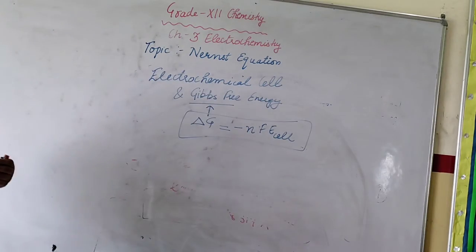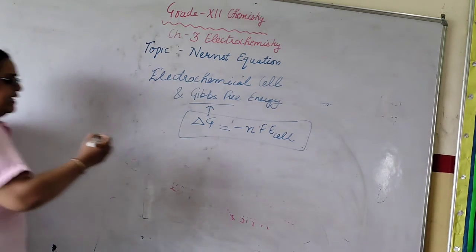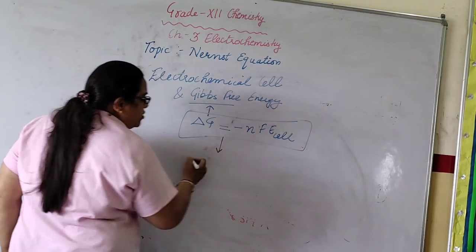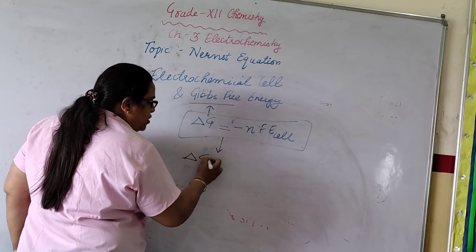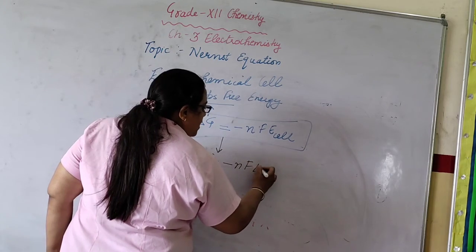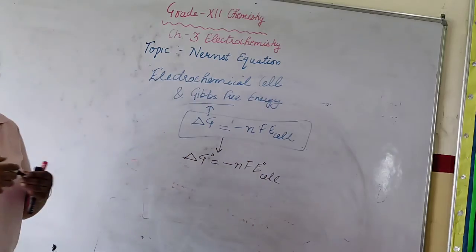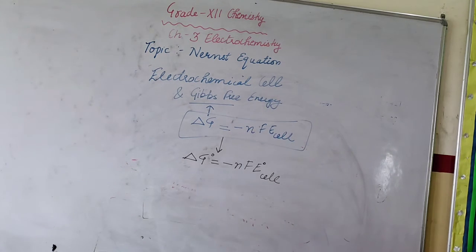This is the relation: change in Gibbs free energy is equal to minus nFE cell. And when we are taking the reaction in standard conditions, then delta G naught is equal to minus nF E naught of cell. Okay, this is the relation between Gibbs free energy and E of cell.